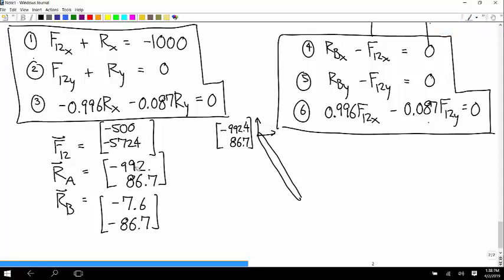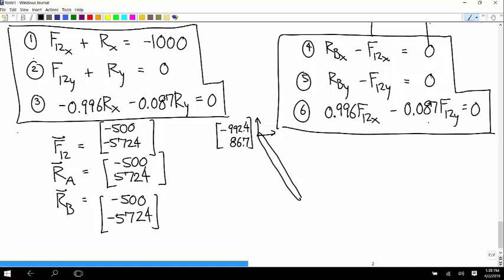That's more what I was looking for. 5724. Okay. Negative 500. Negative 5724. Okay.